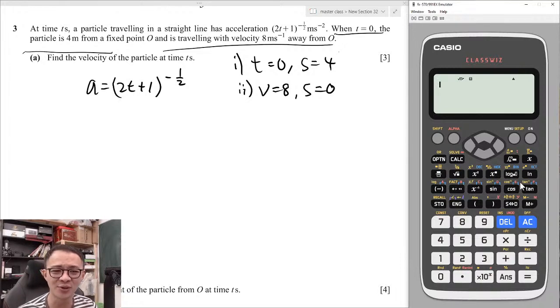I believe I have students from other countries, not only Malaysia, so I'm not sure whether your exam rules allow bringing in the new calculator like 570EX or not. So you better double confirm with your teacher. If yes, always buy the more advanced one. Okay.